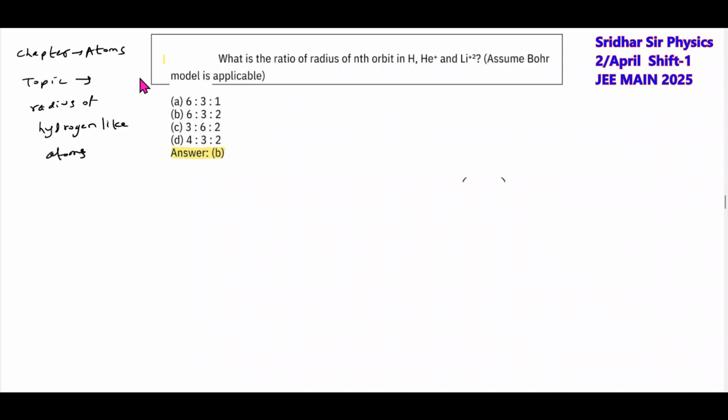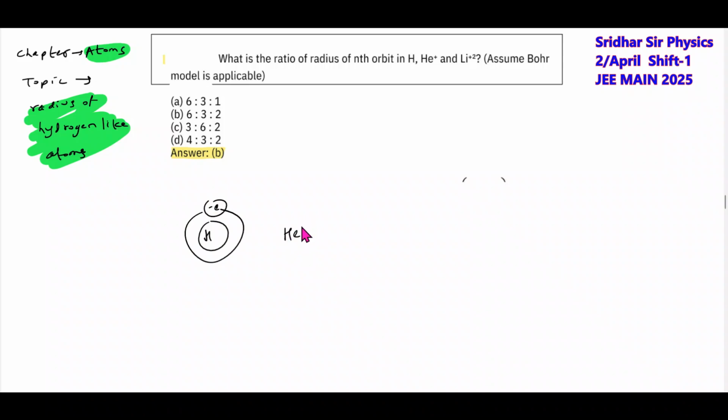We have the next question based on the atoms. The topic is radius of hydrogen-like atoms. If you see the hydrogen atom, it will have one electron. Then if you go for helium plus, it will have one electron.